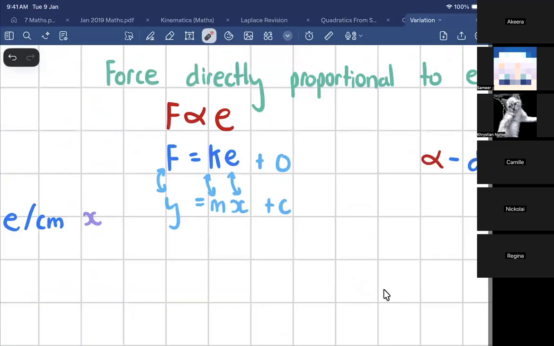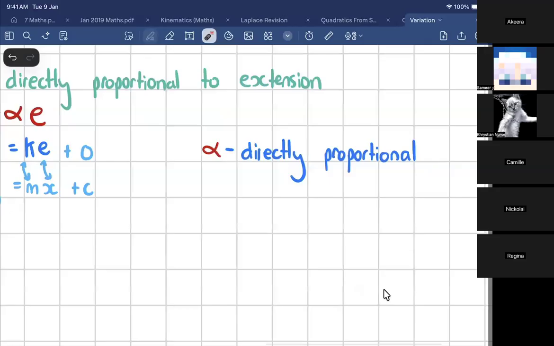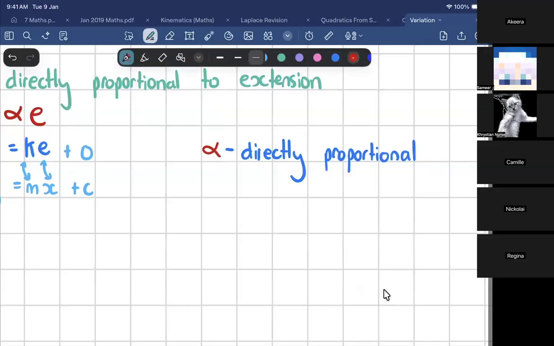The gradient. Yeah, m represented the gradient, but what did it correspond to? Oh, k. Now I'll write it down over here, because again, you're probably wondering what is k? k is the constant of proportionality.